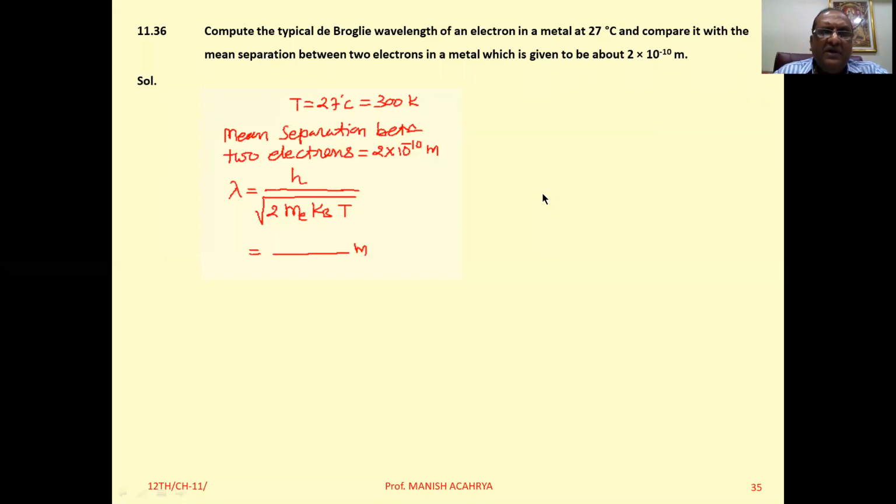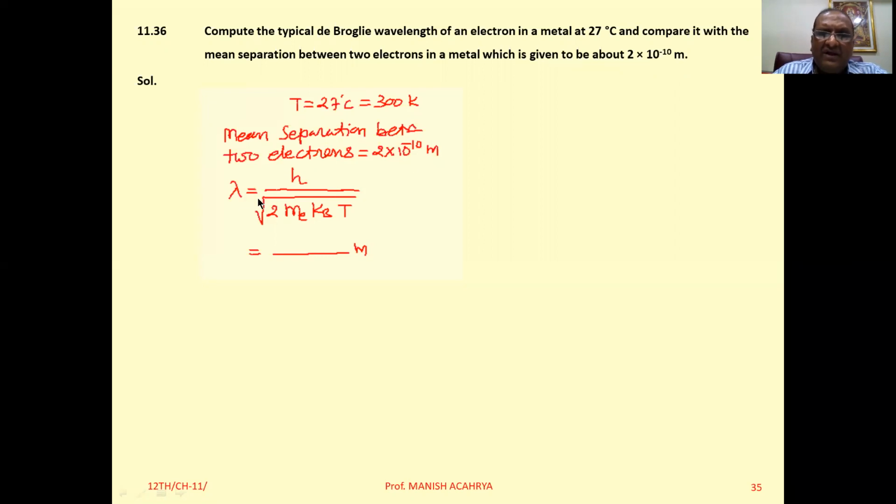11.36. Compute the typical de Broglie wavelength of an electron in a metal at 27 degrees Celsius and compare it with the mean separation between two electrons in a metal, which is given to be about 2 into 10 raised to minus 10 meter. Very simple thing. Take temperature 300 Kelvin, mean separation between two electrons is given to you.